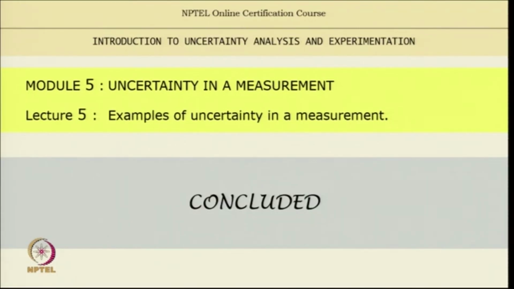Many of the terms that we had looked at in the lectures now came alive when we looked at practical examples. All of this gives us in the end the uncertainty in the measurement, whether it is the pre-test stage or the post-test stage. This value we take over to doing estimation of uncertainty in the result. So, on that note we conclude uncertainty in a measurement.